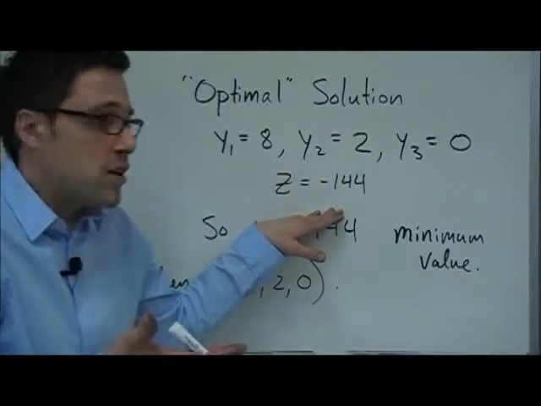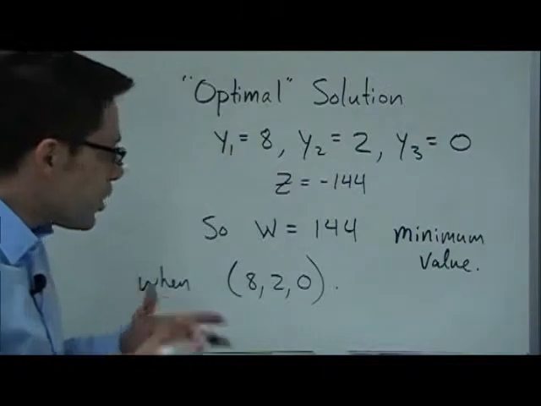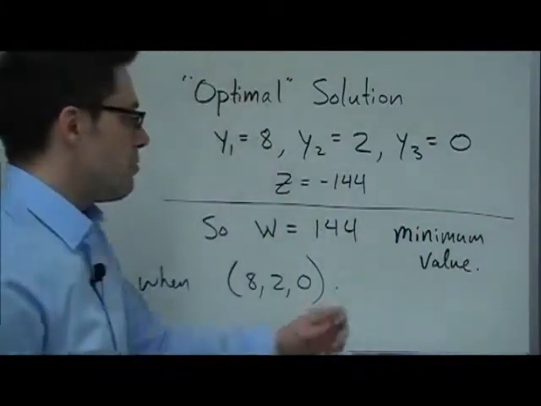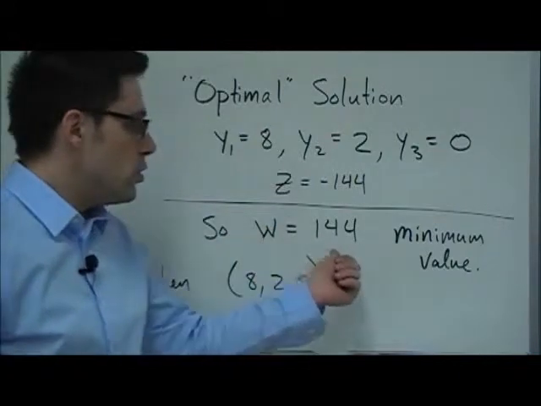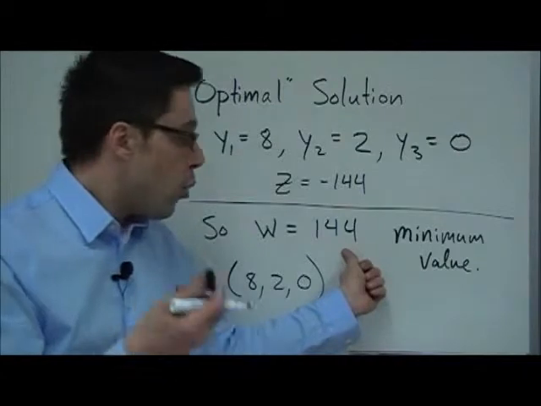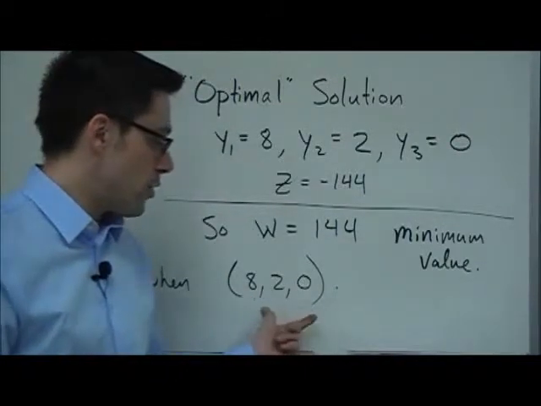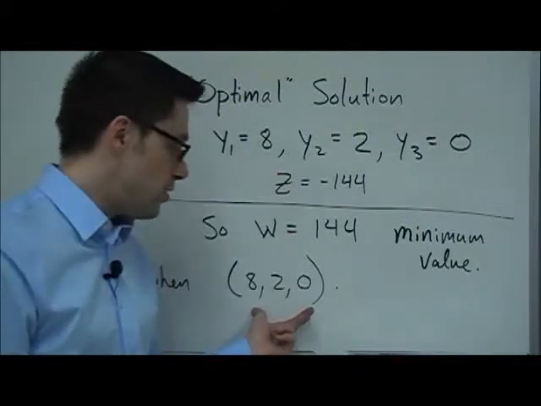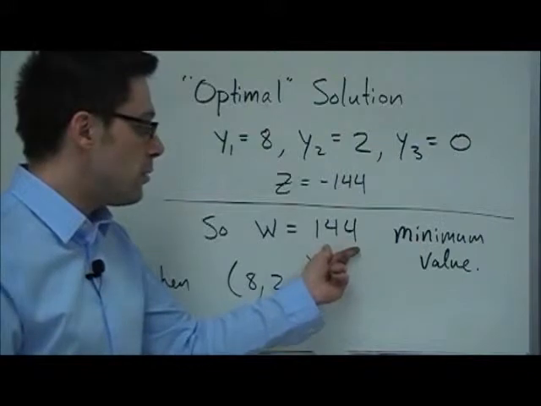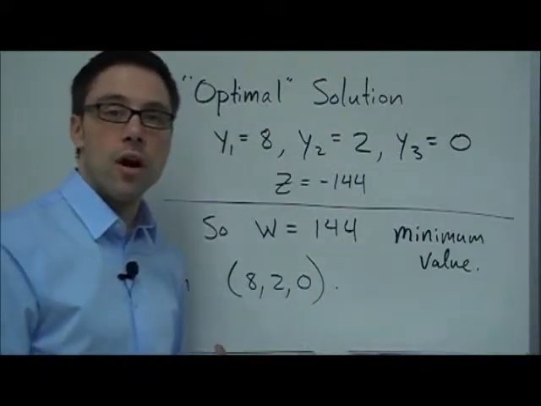But remember that we changed the minimization to a maximization problem, which really means that ultimately the actual problem we were after was we wanted to minimize w. Well, w is 144. That's the minimum value of w when y1, y2, and y3 are 8, 2, and 0. So we can achieve a minimum or optimal value when we have these values of our y's.